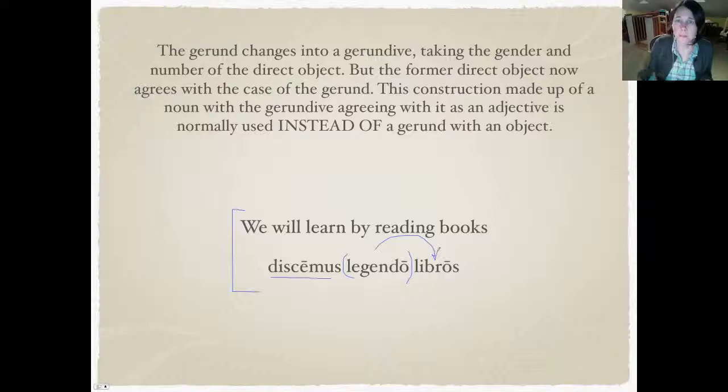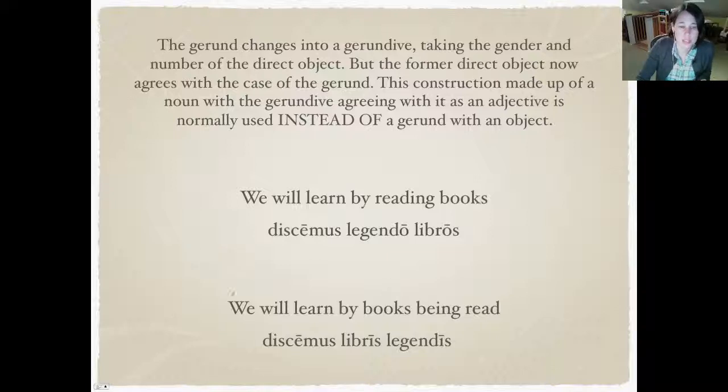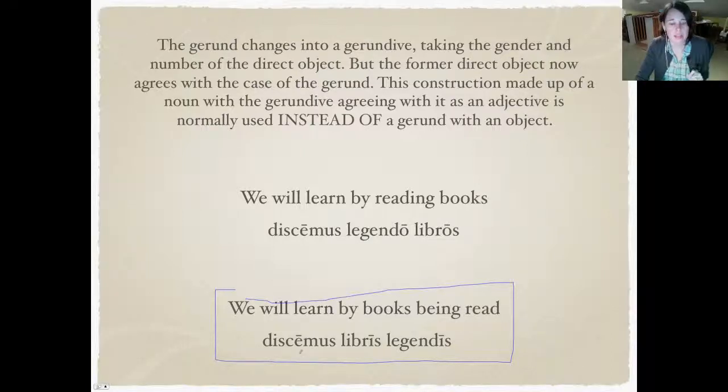Latin, though, won't do this if it can do it a different way. So what this statement is telling you is that Latin would actually prefer to say this: we will learn by books being read. Discemus libris legendis. So in other words, what just happened is my gerund here, legendo, has now become a gerundive, right?